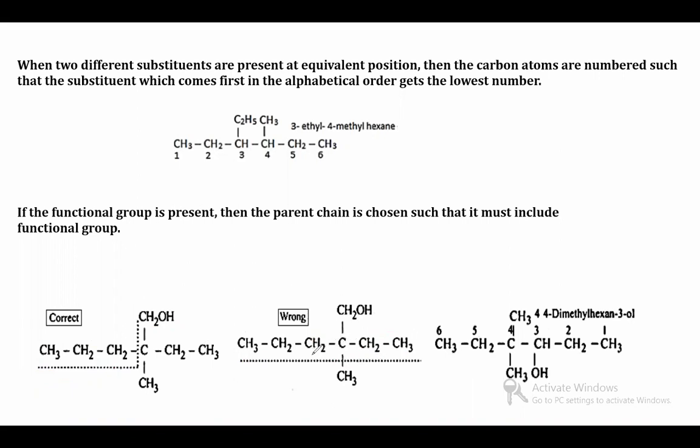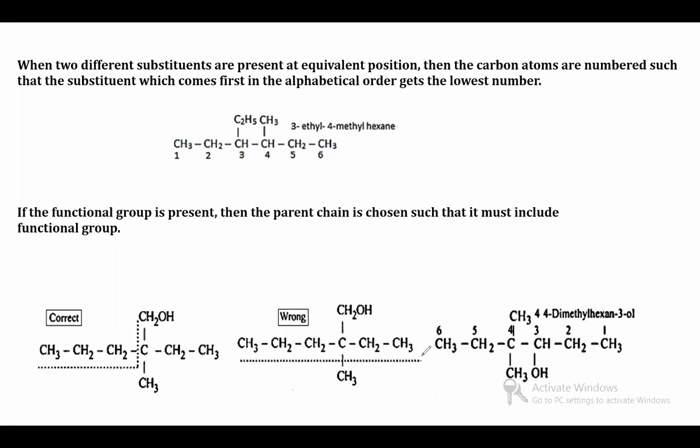This functional group we need to include. If we include the functional group, then it is correct. If it is not any other group, we can't say 1, 2, 3, 4, 5 or 1, 2, 3, and we can't stop there. This is only the long chain.